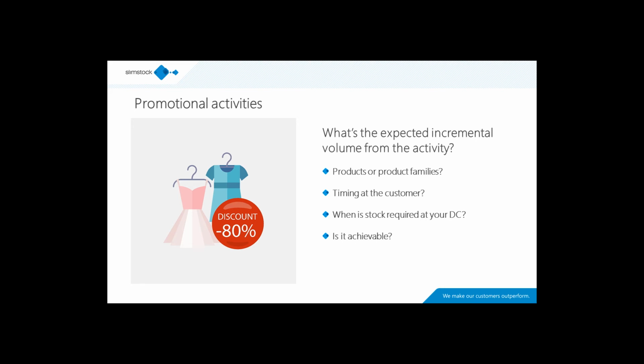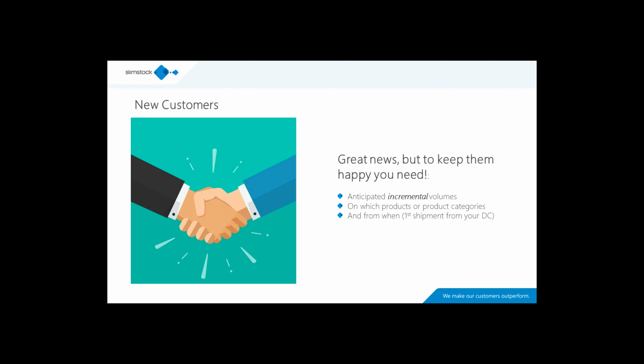It's important to know what quantity is expected to be sold above the base forecast, the products or product families involved, the timing of the activity at the customer, and therefore when is stock required at your DC. And finally, is there sufficient lead time to buy in or manufacture the stock, or is it already in place?